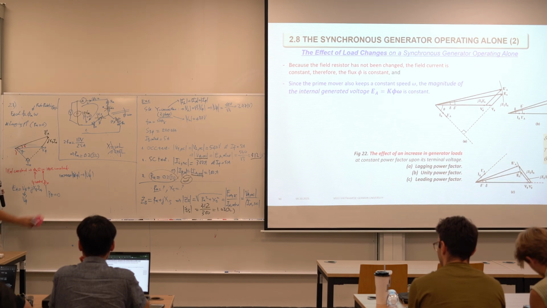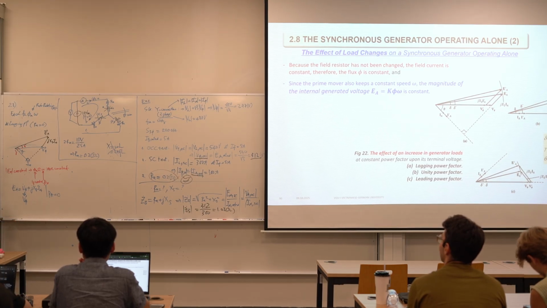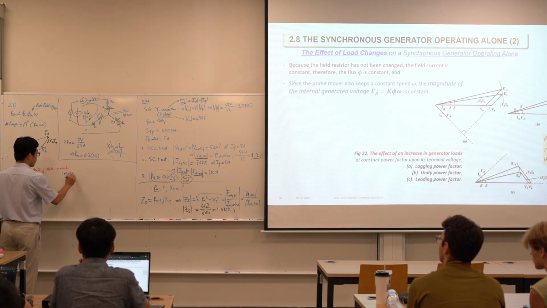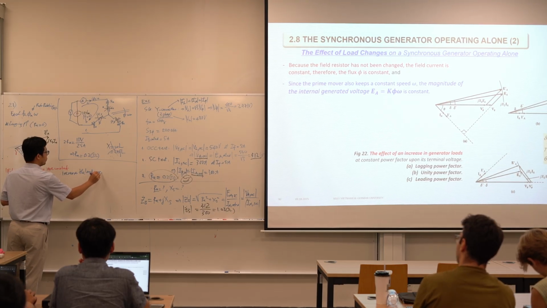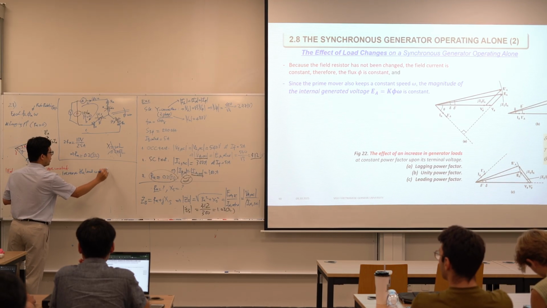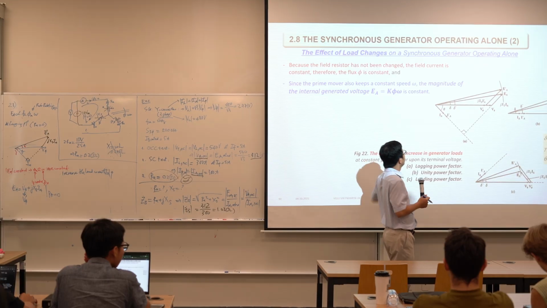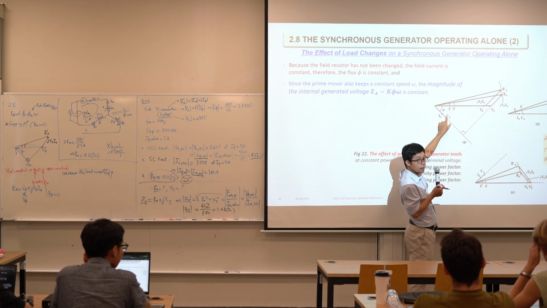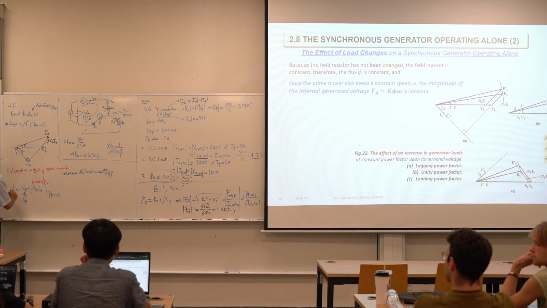So maybe I'm confused. Okay, again. We increase what? We increase load. We increase the load current IA. At the beginning IA here, we increase the magnitude of IA to become IA over common, right? So EA is constant, right?